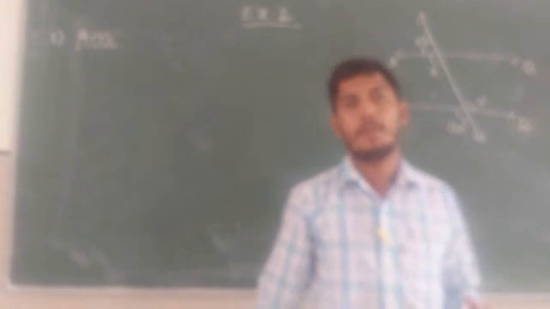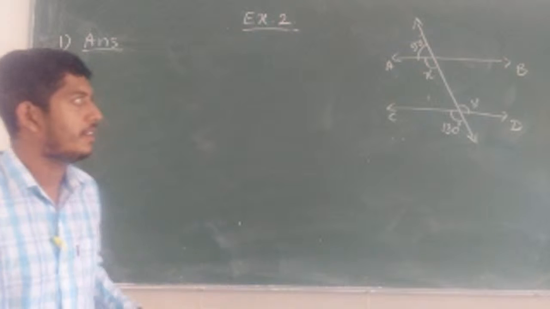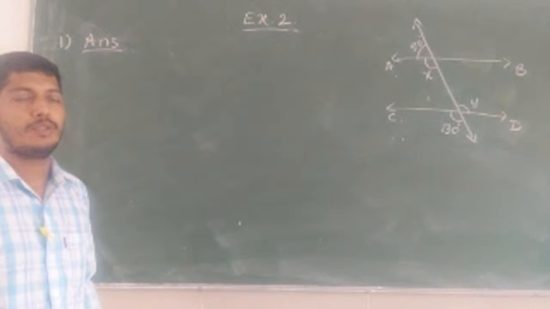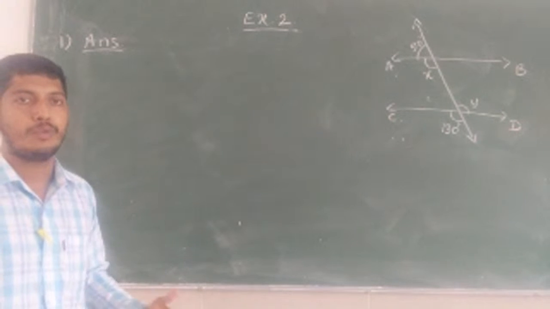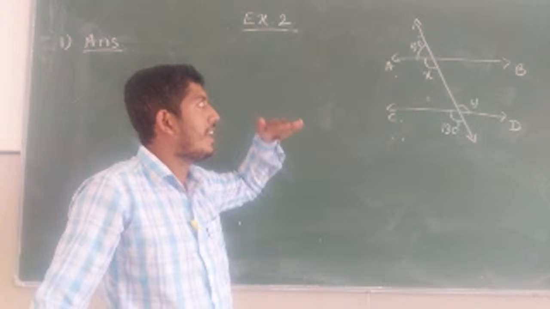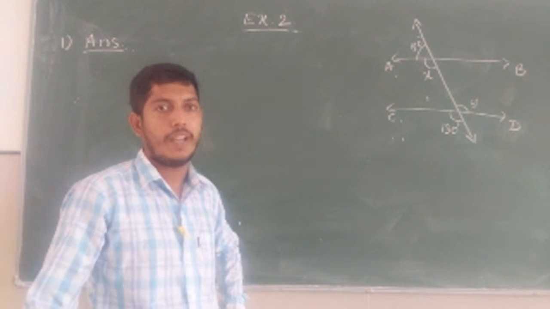So it is a very simple problem. Only the figure is very big and contains many values, but the solution is very simple. What we have to do is find the angles x and y, and show that line AB and line CD are parallel to each other. These are the two things we have to find.